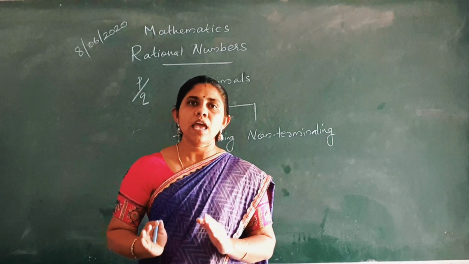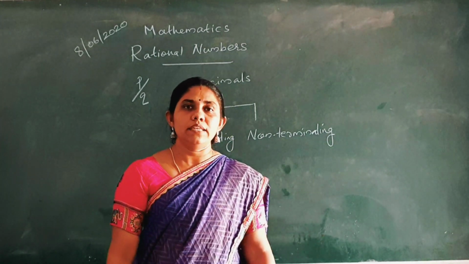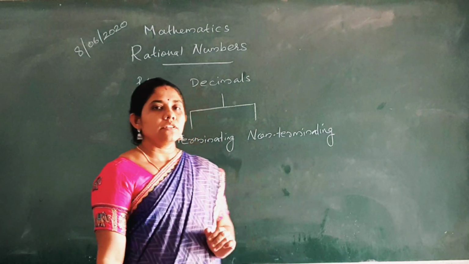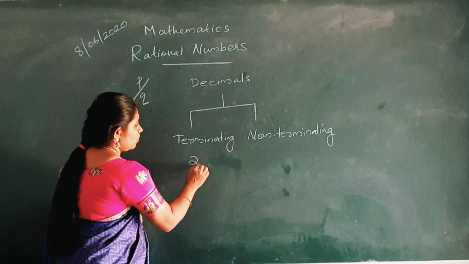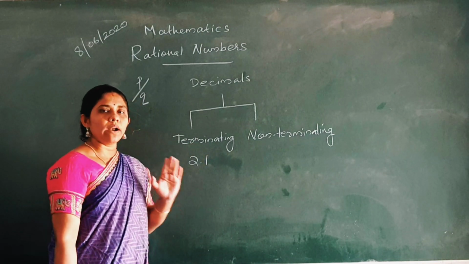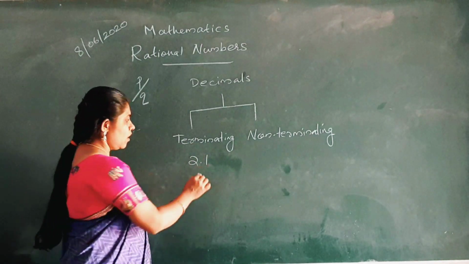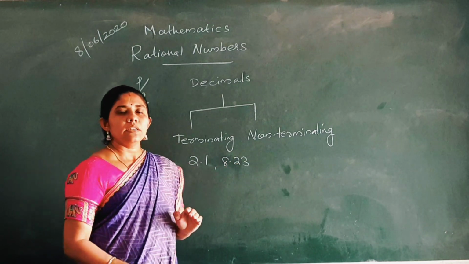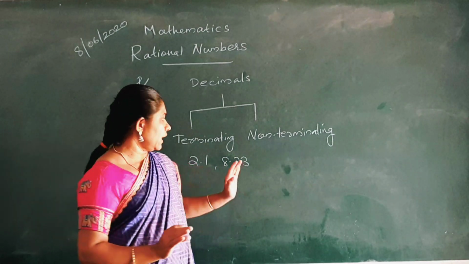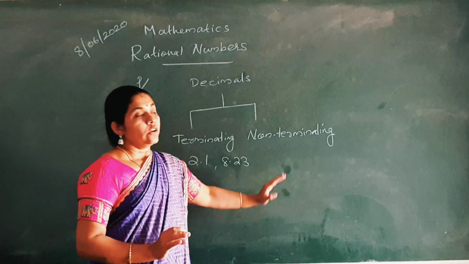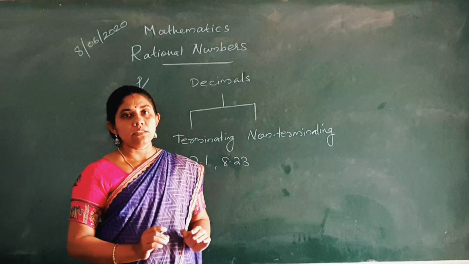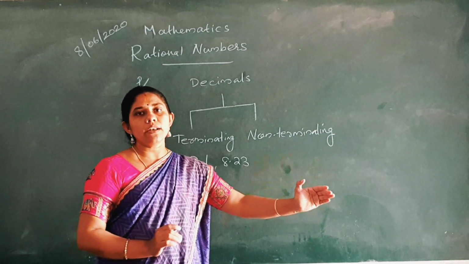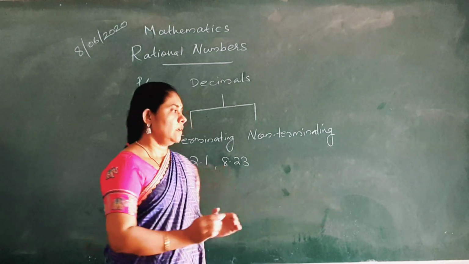Terminating decimals mean that after the point, there are only a few digits, like 2.1, where only one digit is there after the point, or 8.23. It is terminated. Non-terminating decimal means after the point the number goes on; it is not ending.